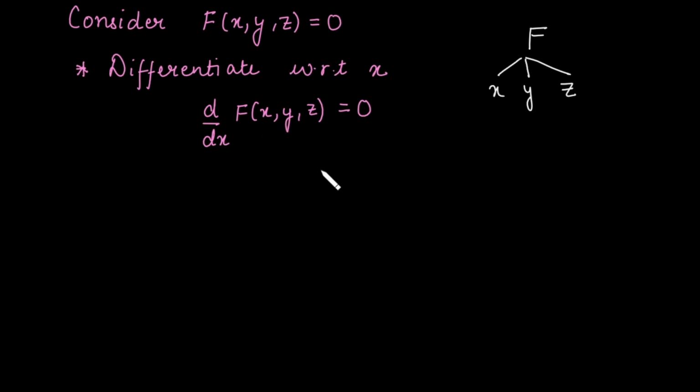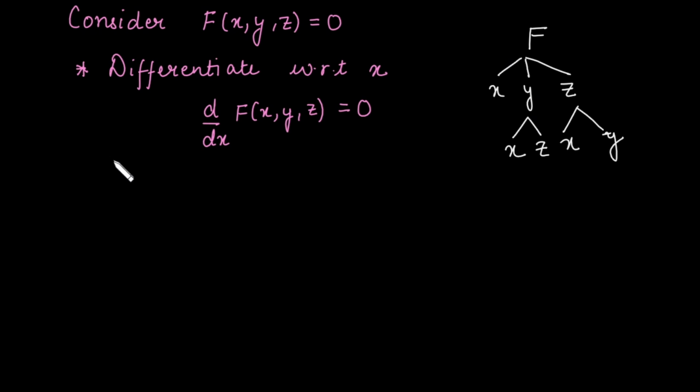When you find the derivative with respect to x, it means x acts as an independent variable, and y and z are the dependent variables. Now if they are dependent variables, maybe they are both depending upon x, or y is depending upon z and z is depending upon y. In this case, we need to find the derivative with respect to x.